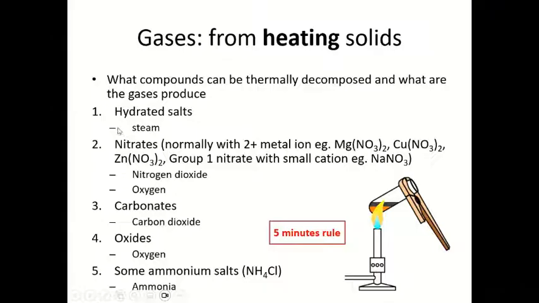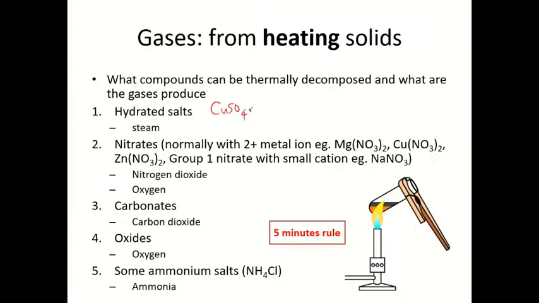So the first type of gas will be H2O, steam, and steam is formed from heating hydrated salt. So what does it mean by hydrated salt? Salt like copper sulfate.